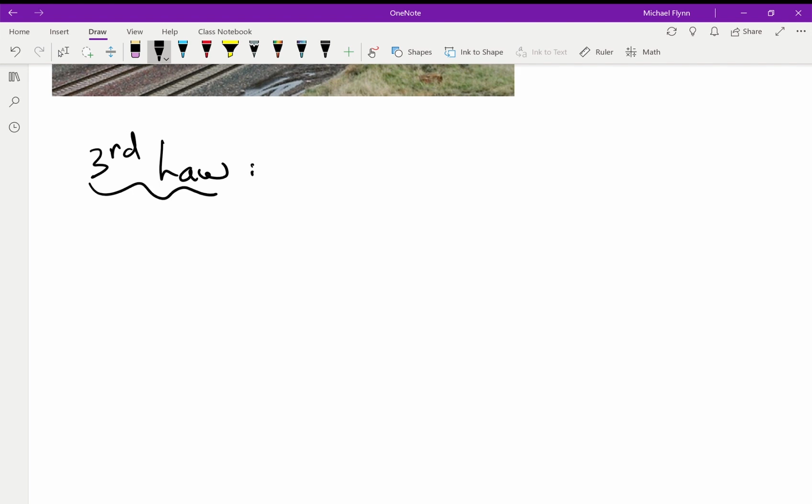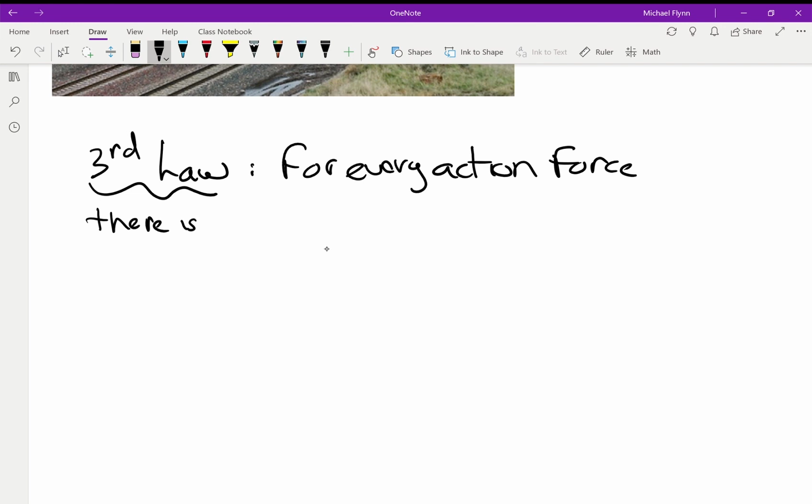What is the third law? Well, the third law is kind of the most famous one when you think about it. For every action force, because it has to do with forces, there is an equal and opposite reaction.